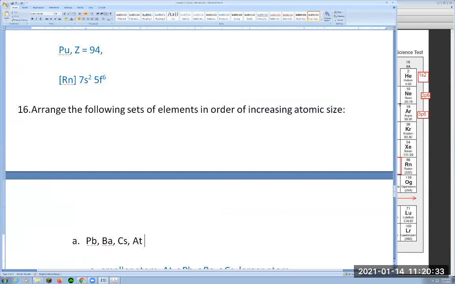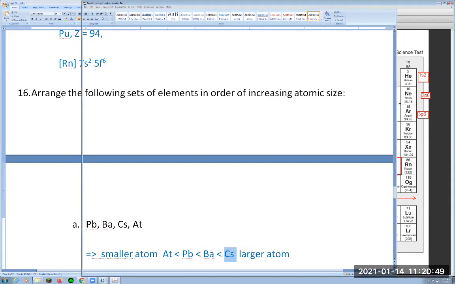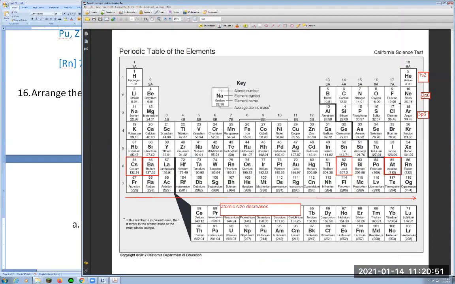And here we needed to do increasing atomic size. So from a smaller atom to a larger atom, first you have astatine as the smaller atom, then lead, then barium, and then cesium. It follows the row. But it increases from astatine to cesium. Cesium is actually a larger atom than astatine.